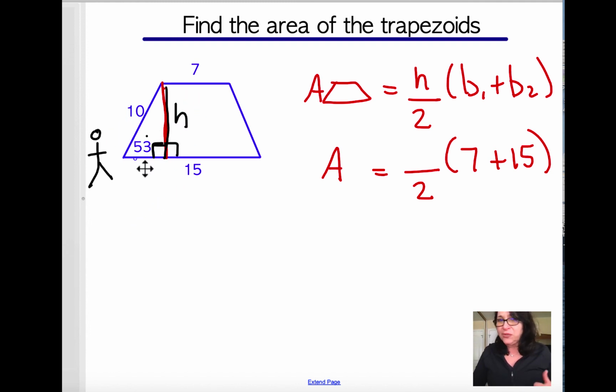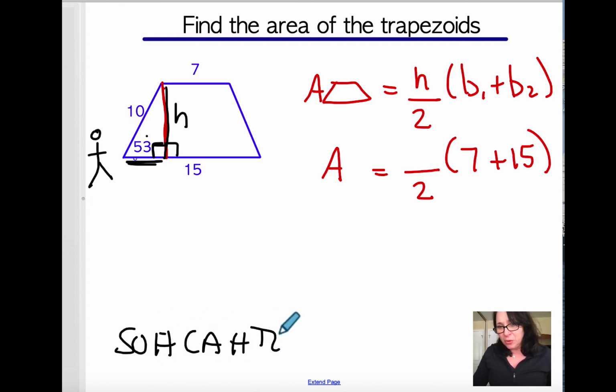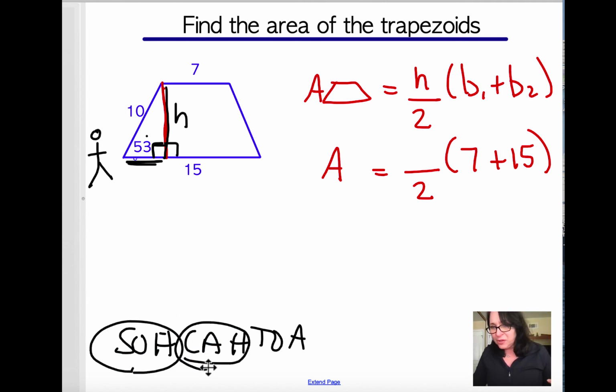So I'm not going to use tangent because that would give me the length here, but I don't want that. I want h. So I only have the hypotenuse. So what uses the opposite side and the hypotenuse? That would be our SOHCAHTOA. Remember from SOHCAHTOA? SOHCAHTOA says sine is opposite over hypotenuse, cosine of an angle is adjacent over hypotenuse, and tangent of an angle is the opposite side over the adjacent side.